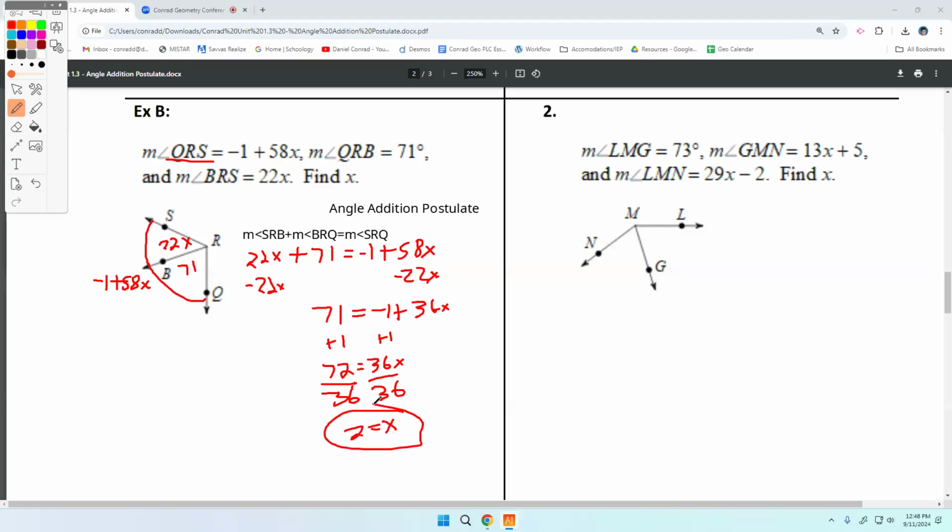Okay, that's my answer. If I want to check my answer, I can substitute it in. Right, so I have 22x. So 22 times 2 is 44. And then I have -1 plus 58 times 2. That's going to be 116 minus 1 is 115.